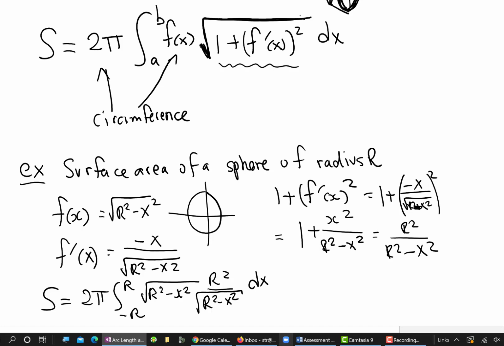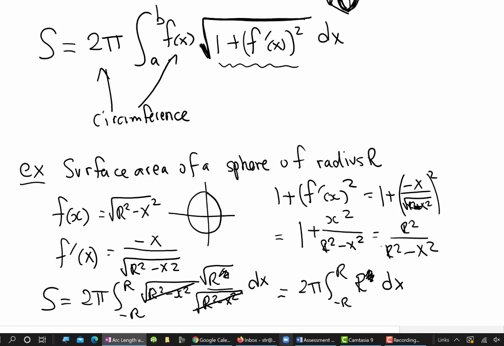You'll notice that this piece and this piece cancel out quite nicely, which leaves me with 2 pi integral from negative r to r of r squared dx. And of course, for those of you who are astute, I forgot to square root the top part of this. So this is actually just r here.